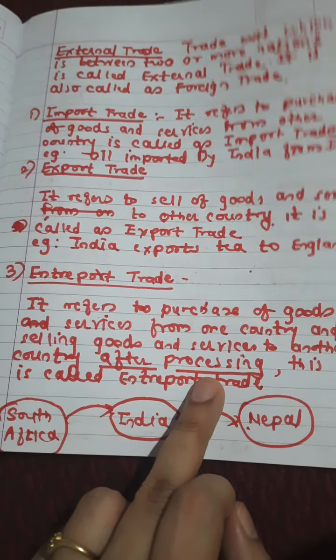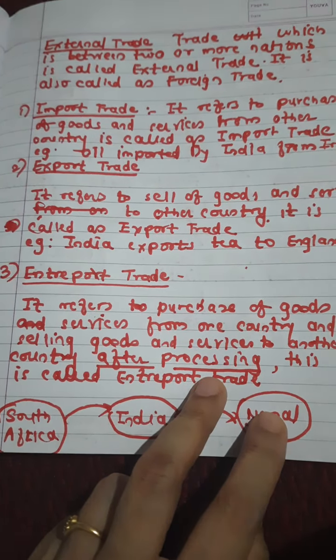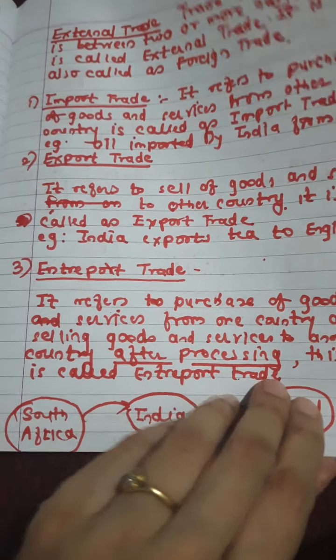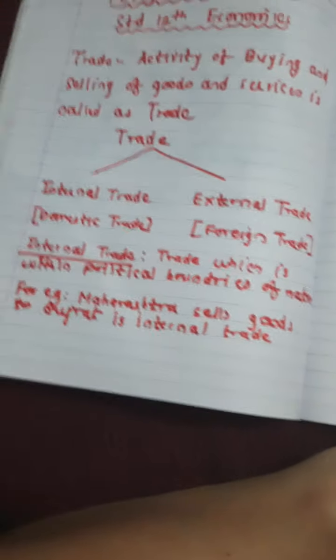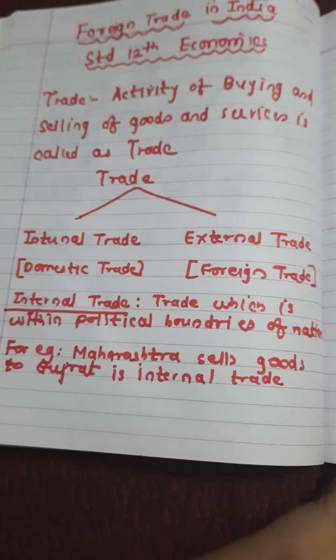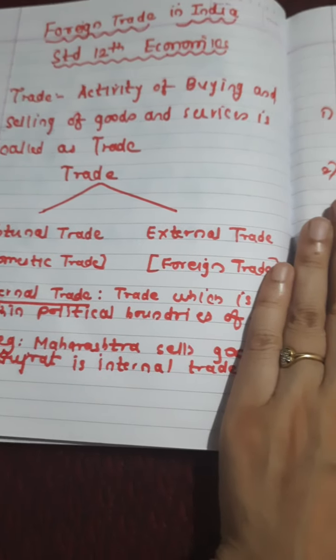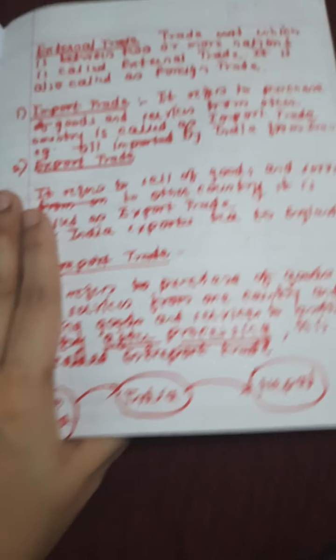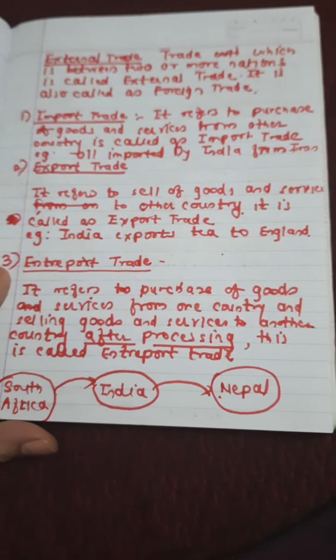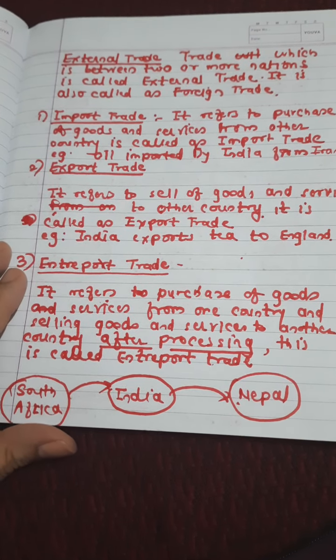This is important, students. After processing is important. Now you can take a snapshot if you require. This is just an introduction part in simple words. Yes, I always follow simple words, easy to remember. Within 15 minutes you can revise everything.